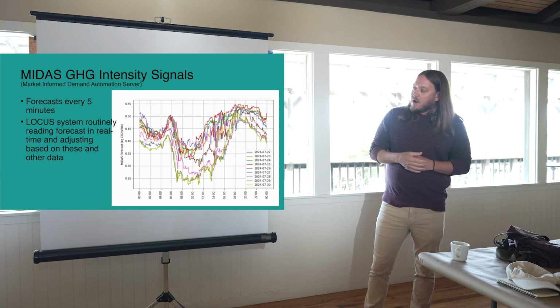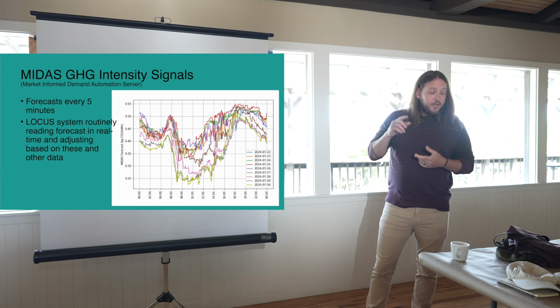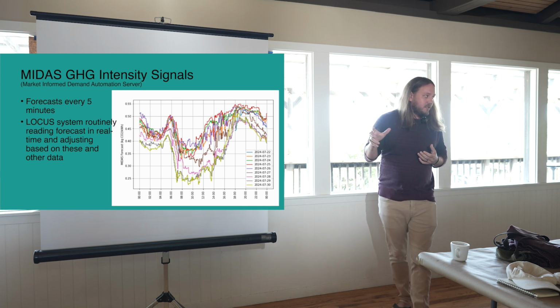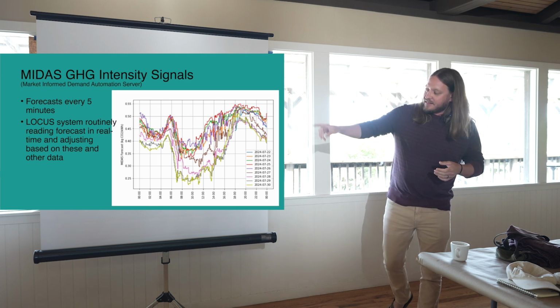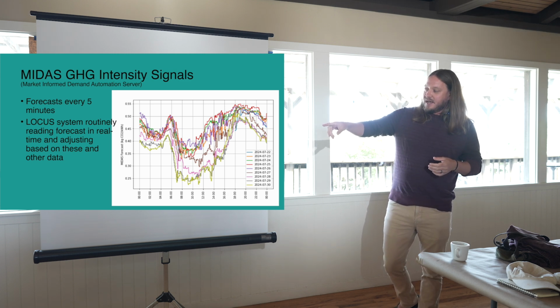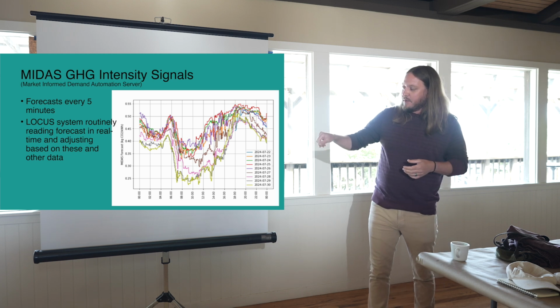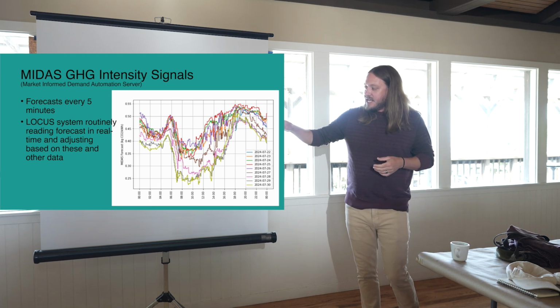Next slide. One other thing we've started doing is in real time optimizing against actual greenhouse gas intensity signals from the grid. So this is kind of chaotic. This is just 7 days. This is a forecast of greenhouse gas emissions intensity, marginal emissions, over a 24-hour period for 7 different days. And you can see how chaotic it is.